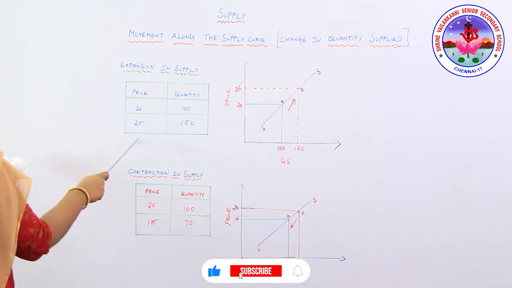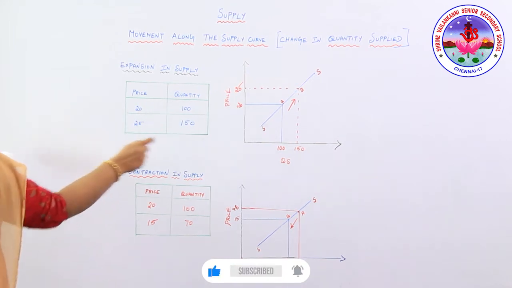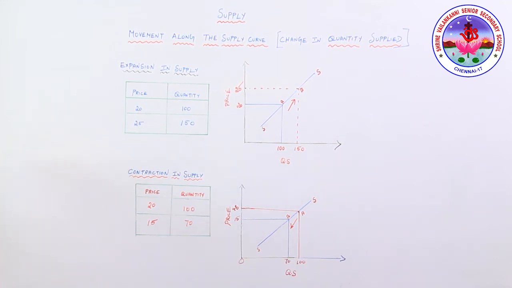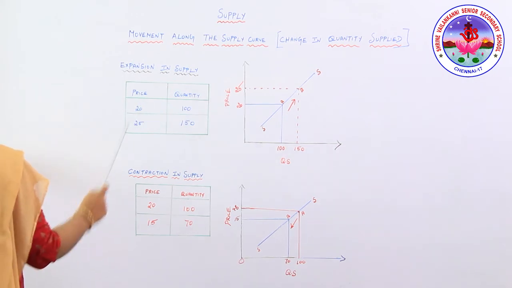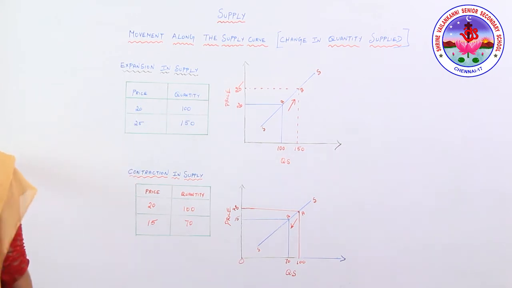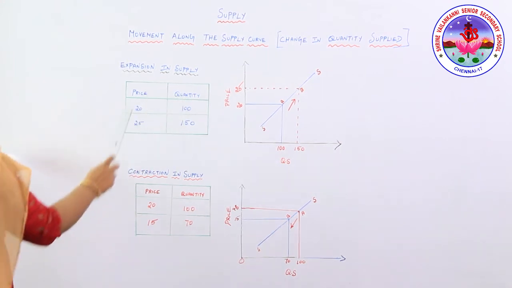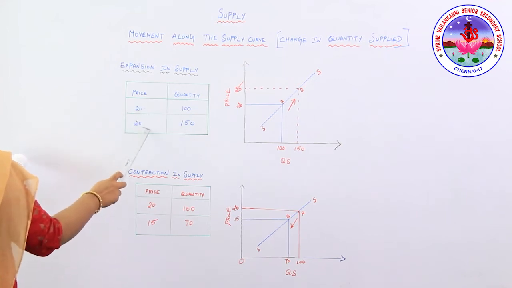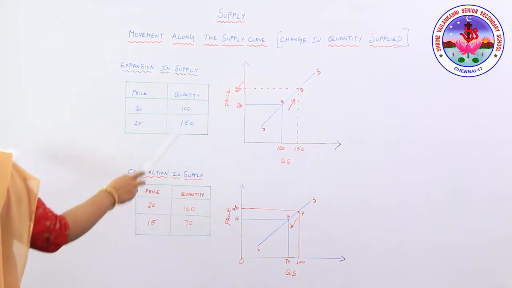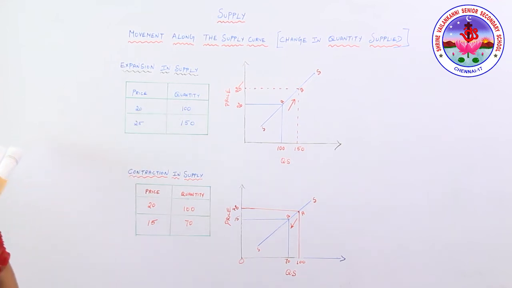Let us understand this with the schedule as well as with the diagram. The first column denotes prices, the second one is the quantity. Now just look: when price is 20, quantity is 100. When price increases from 20 to 25, quantity also increases from 100 to 150 units.